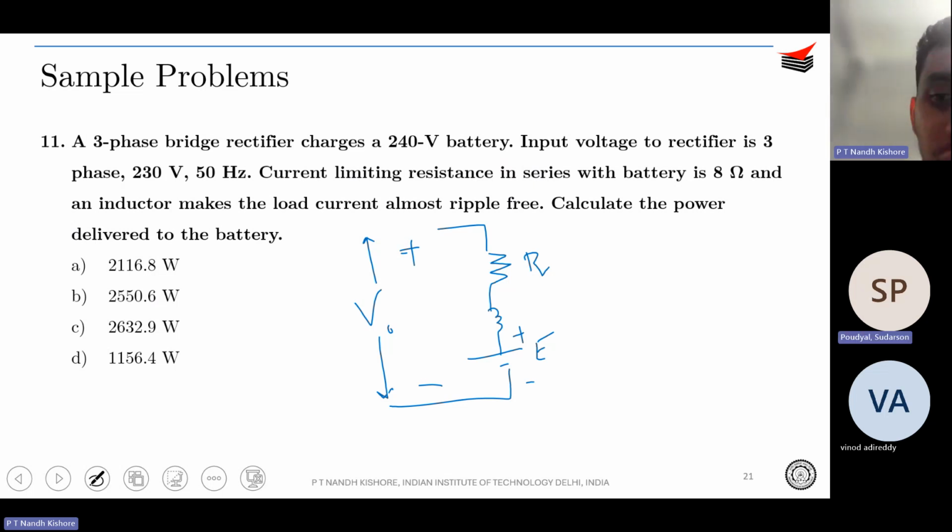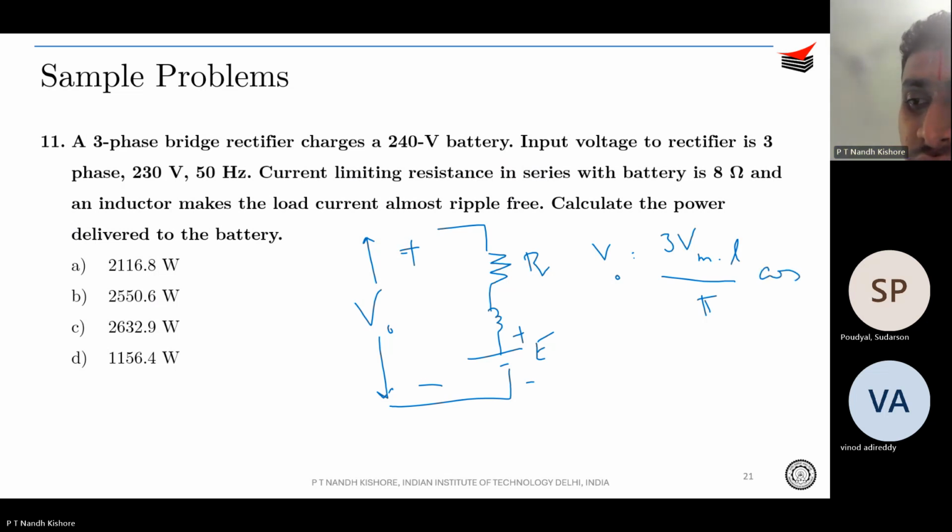You know that V naught for a three-phase bridge rectifier is 3 Vm L by pi cos alpha, correct? Here it's a diode bridge rectifier, therefore cos alpha is also 1.